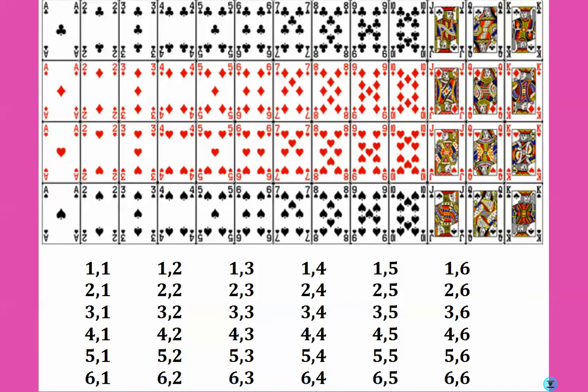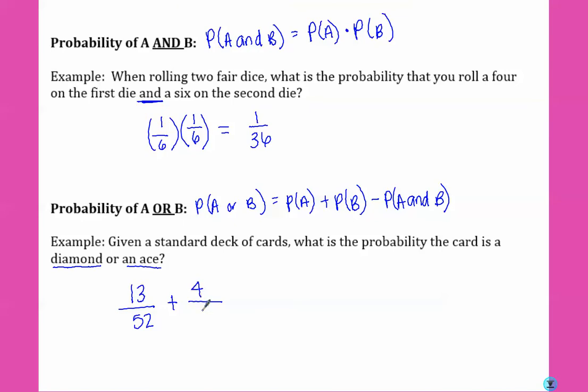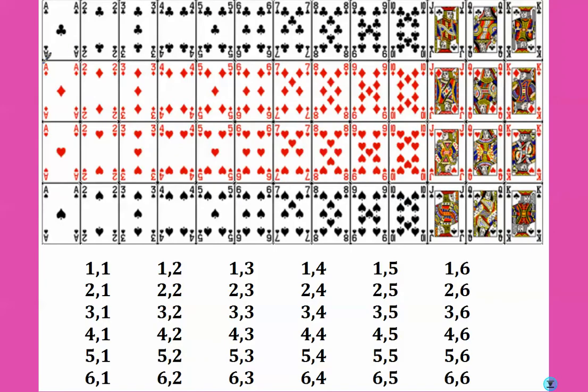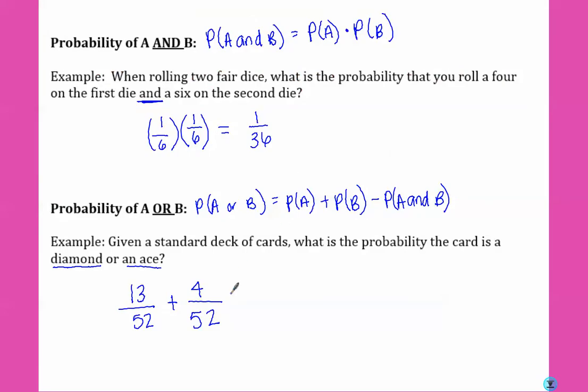There's 4 of them. But there is one ace that is also a diamond, so we need to subtract that one out because technically we've counted it twice right now. So minus 1 out of 52, which will give us 16 out of 52, which simplifies to 4 out of 13.